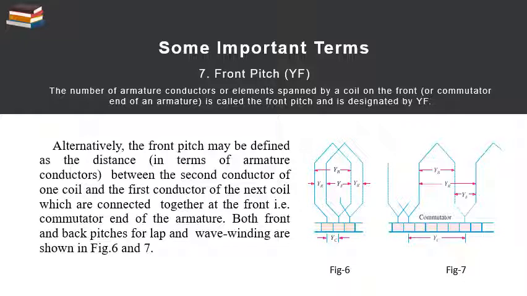So in figure 6, we can see front pitch, back pitch, and resultant pitch. It means YB is called the back pitch, YF is called the front pitch, and YR is called the resultant pitch. Figure 6 represents lap winding and figure 7 represents wave winding.